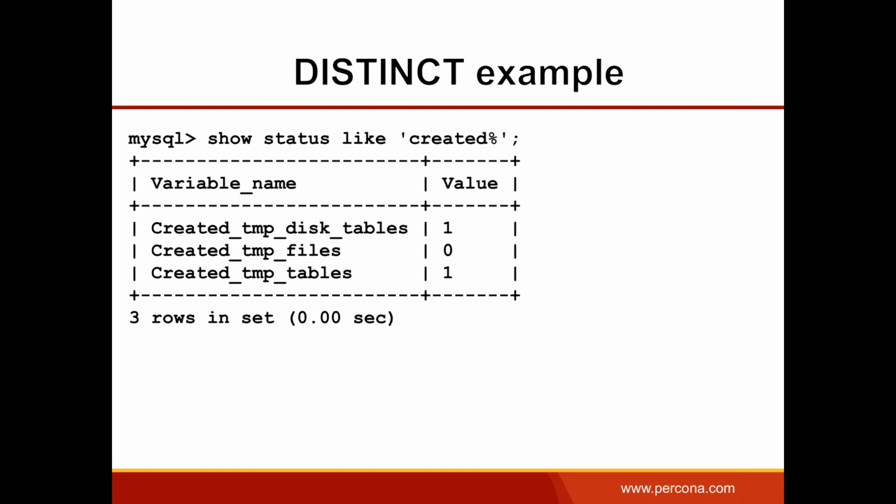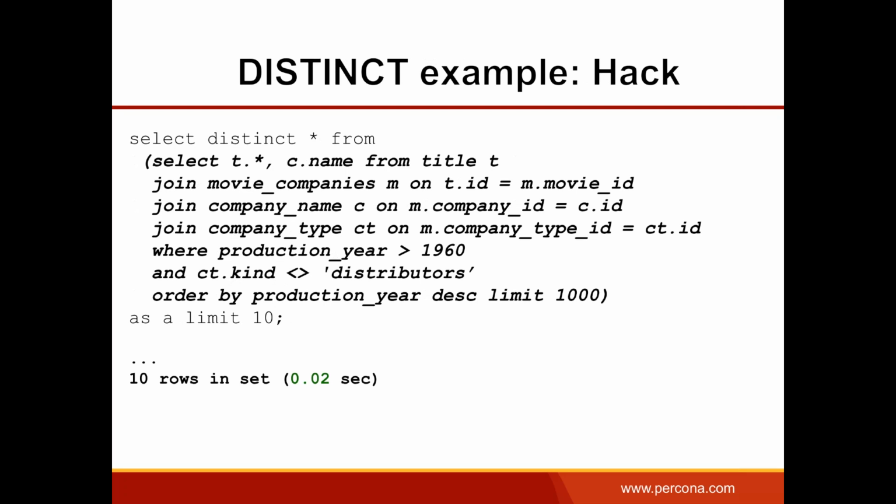But there is also another way, which is a hack. Again, I would not recommend that as a normal optimization, but it's also possible to do this. Instead of doing a distinct on the whole thing, we can create a subquery, and inside of this subquery we only have 1,000 rows.